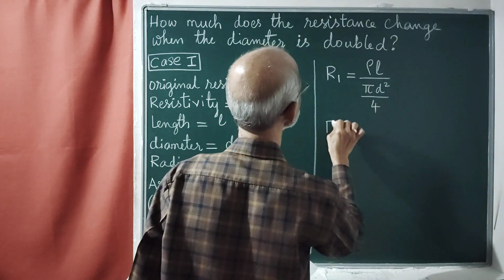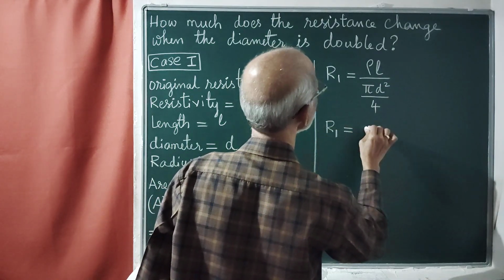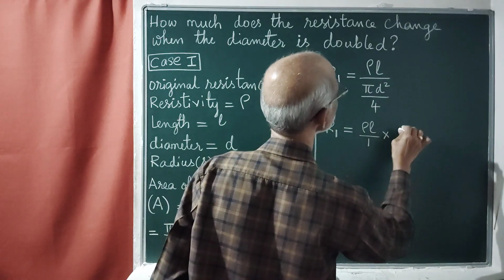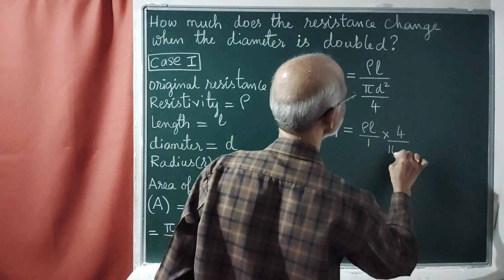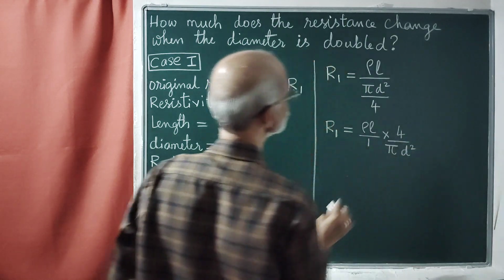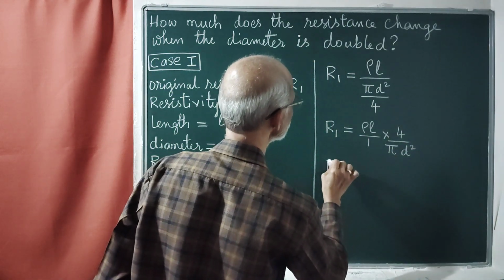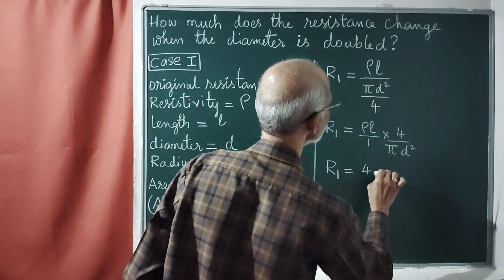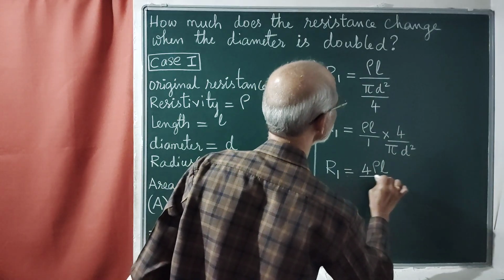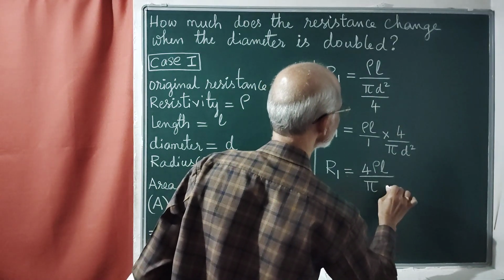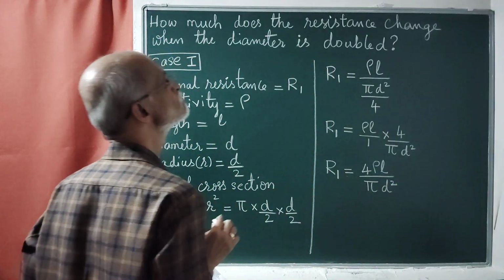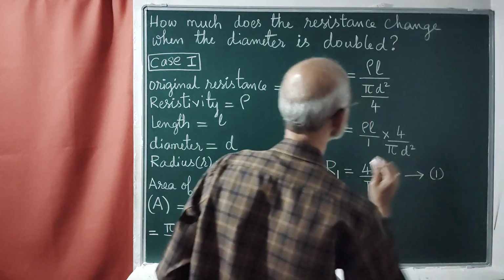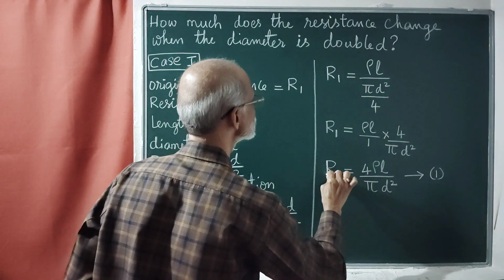So R1 equal to rho L into 4 by pi D square. R1, that is the original resistance, is equal to 4 rho L by pi D square. So we will label it as equation 1. This is the original resistance.